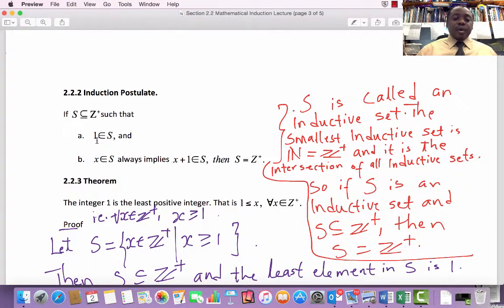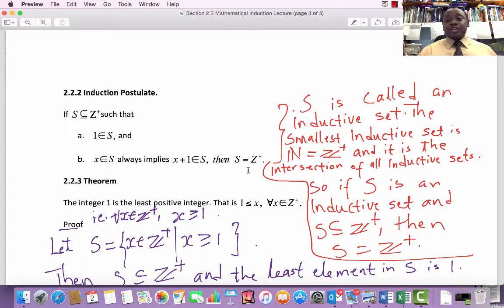If the number 1 is an element in S, and if for every element x in S, x plus 1 is always in S, then we say that a subset S, as a matter of fact, equals Z plus. We would call S an inductive set.